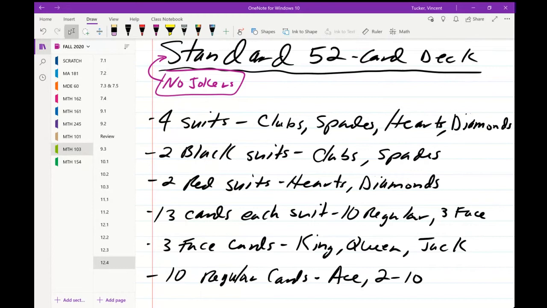The 10 regular cards are ace, then 2 through 10. All right, questions before we actually get to the problem?